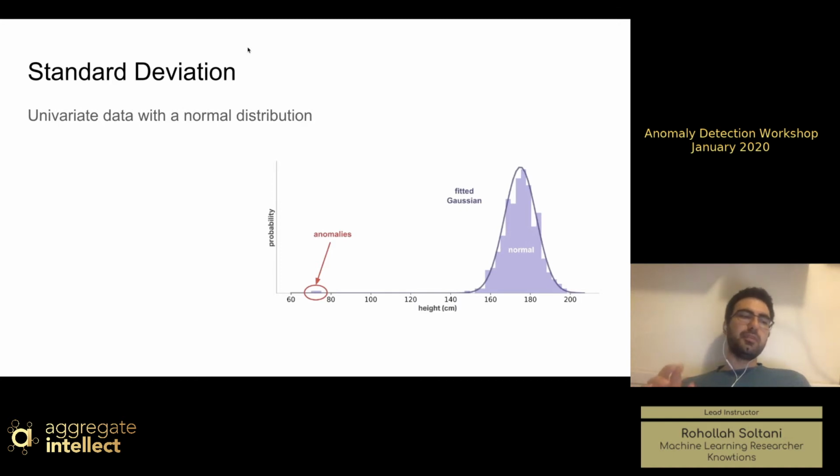But the main drawback of the parametric model here is that in many cases, the data distribution may not be known. It might not be exactly normal, and it can have, let's say, two big clusters. If you have one cluster, the assumption about normal distribution would work well. But if you have two clusters of data, then you won't be able to just fit a normal and say that what's not here, but what's not in there, is an anomaly.